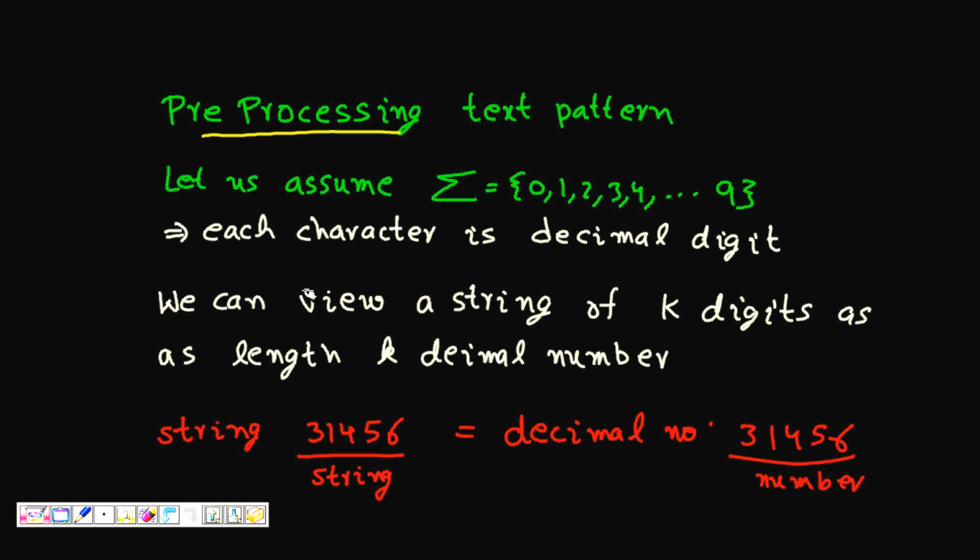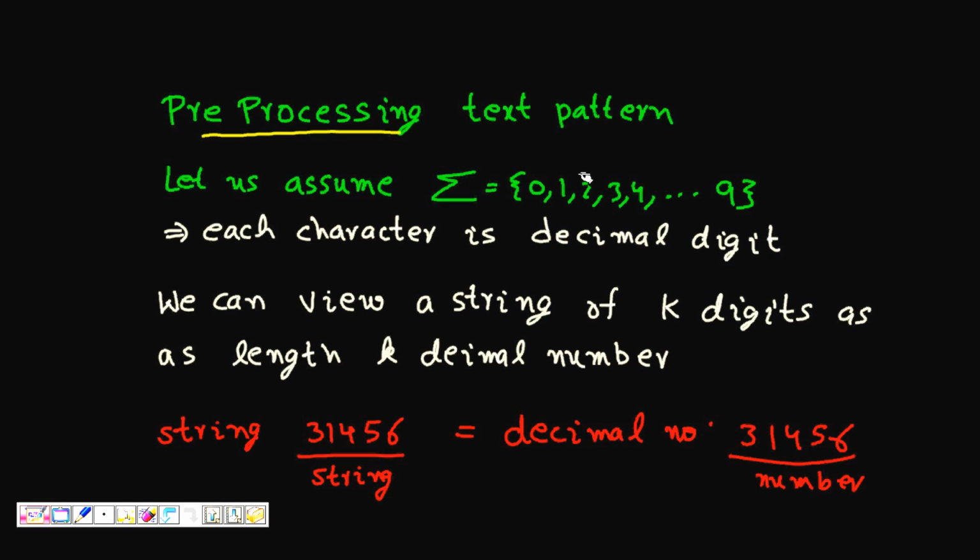So we will take a special case where our text has only the numbers 0, 1, 2, 3, 4 till 9, which is, we have characters that are just numbers. Then we will generalize the problem, which is not a difficult problem.